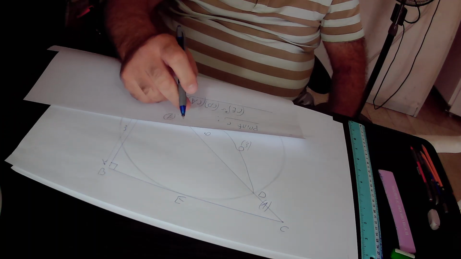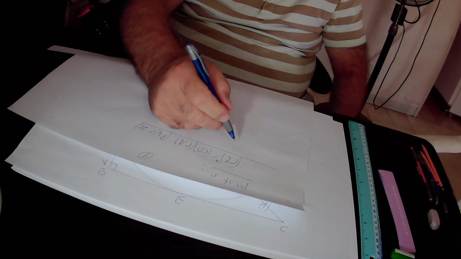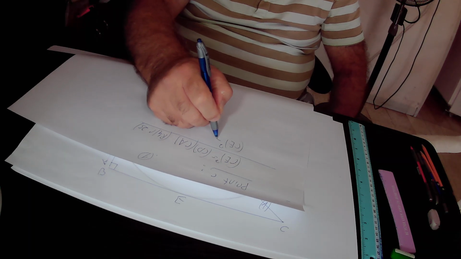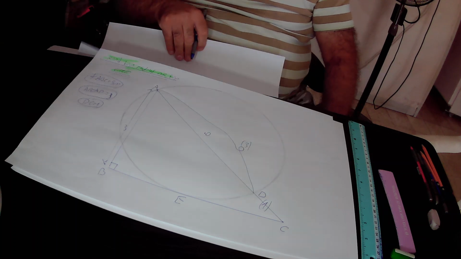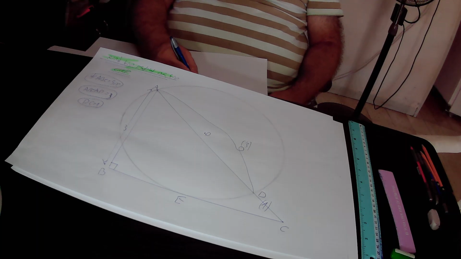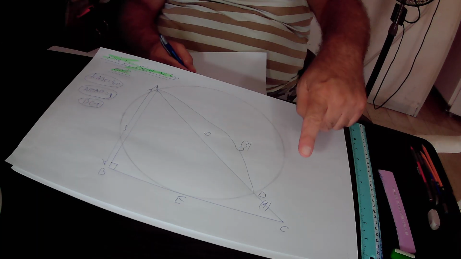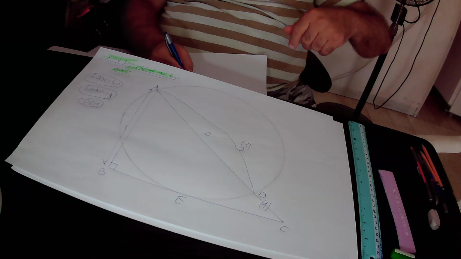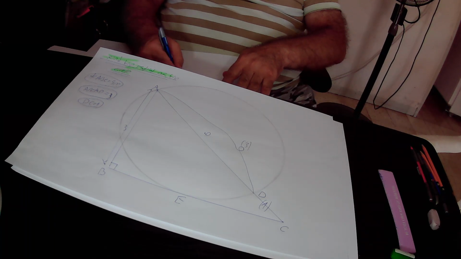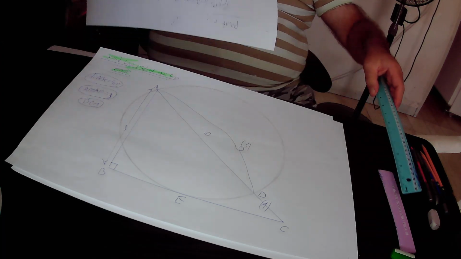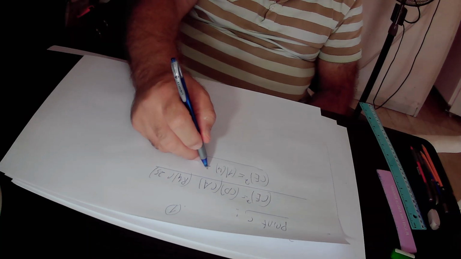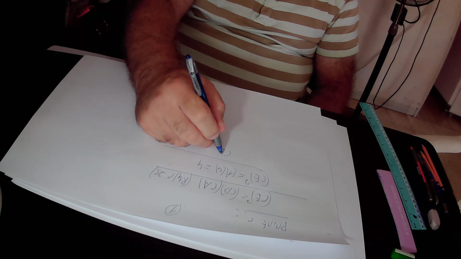CE is the missing tangent, so CE square equals CD times CA. CD is 1, and CA in total is 1 plus 3, that is 4. So according to rule 25, CE square equals 1 times 4, that is 4.